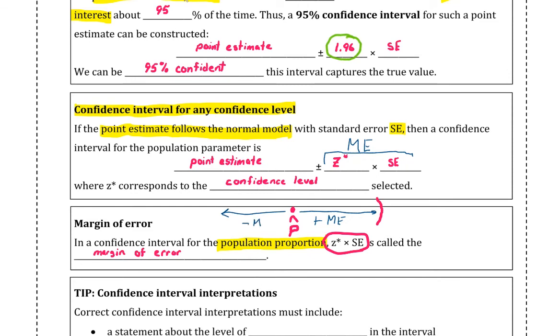Subtract your margin of error to find the lower boundary of your confidence interval. So notice that your point estimate will always be in the center of your interval, and then it'll be symmetric. The amount that you go up or down will be the same.